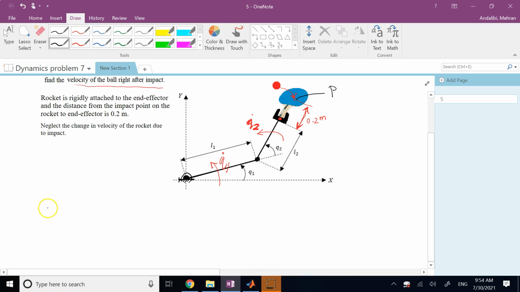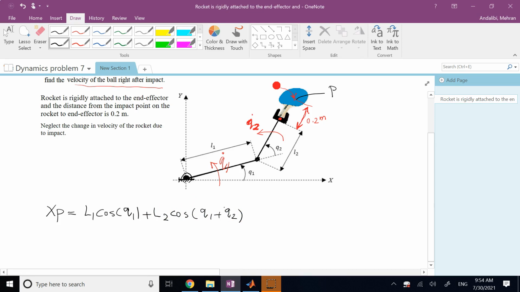So what we do here is we say x of point P is clearly L1 times cosine of Q1 plus L2 times cosine of Q1 plus Q2, correct?